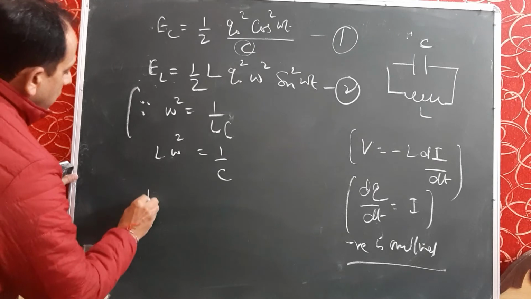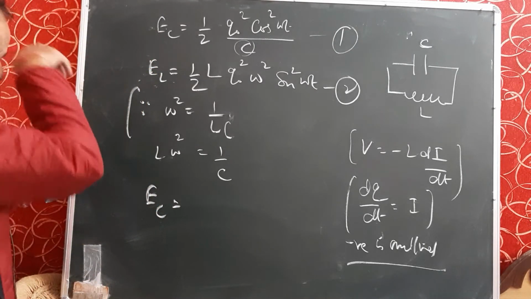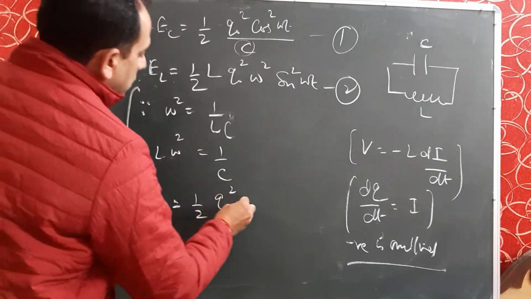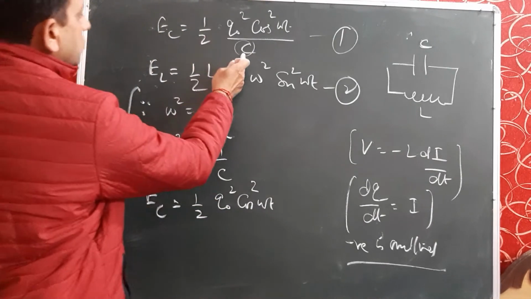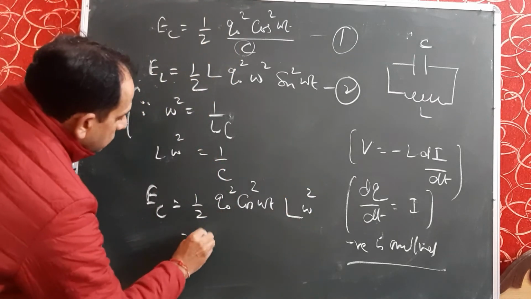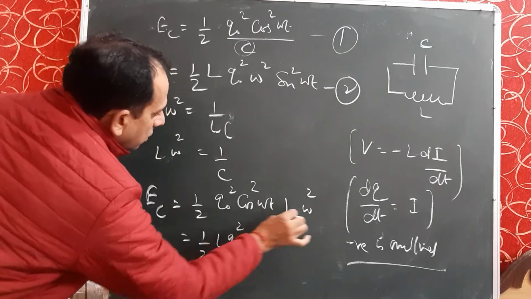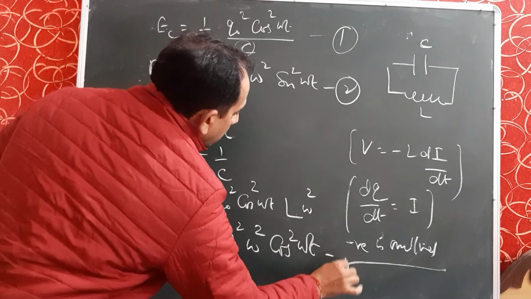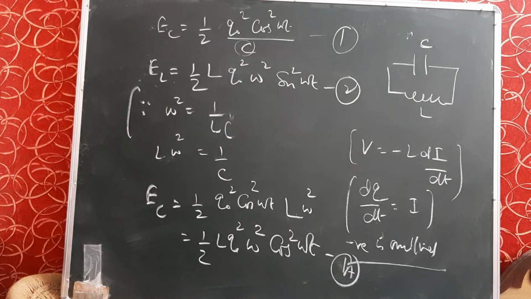Now, E_C becomes, so I have modified equation number 1 a little bit, that is half into q naught square into cos square omega t into 1 by C. 1 by C is L into omega square. So, it is half L q naught square into omega square into cos square omega t. This is equation 1A, that is the extension of the first equation.